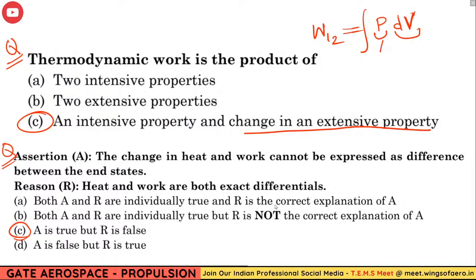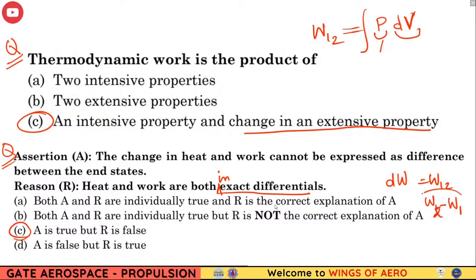Heat and work are both inexact differentials. Exactly, that's very good, because it is inexact. We cannot differentiate. When we are integrating, we should write W12. Integral of W12. We cannot write W2 minus W1. We can't write it, because it is an inexact differential. And the statement they have said is completely true.